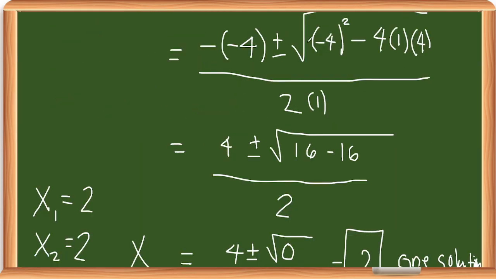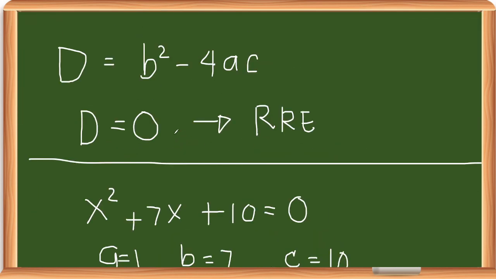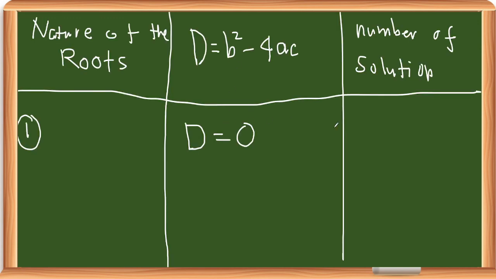Your d is equal to 0. The nature of the roots is real, rational, and equal. So, we have real. The first nature of the roots that we can describe. So, these are the characteristics. It is real, rational, and equal. How many solutions? 1.